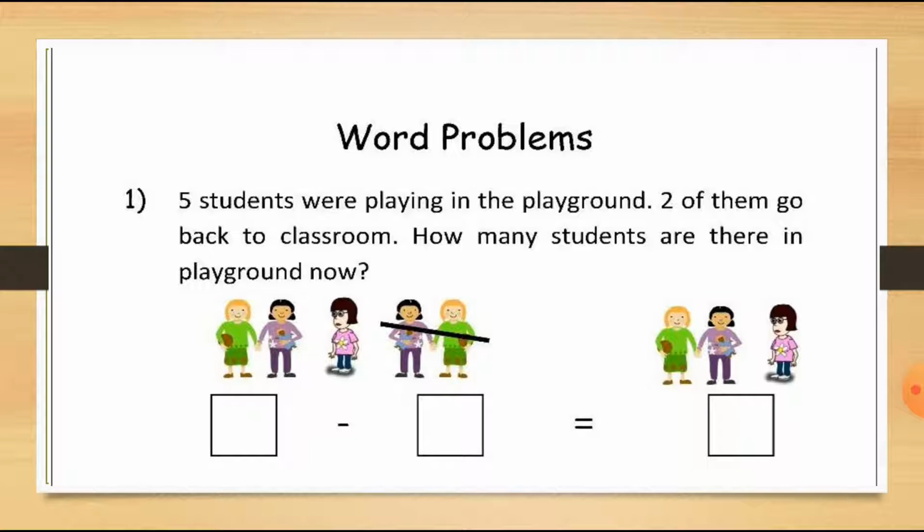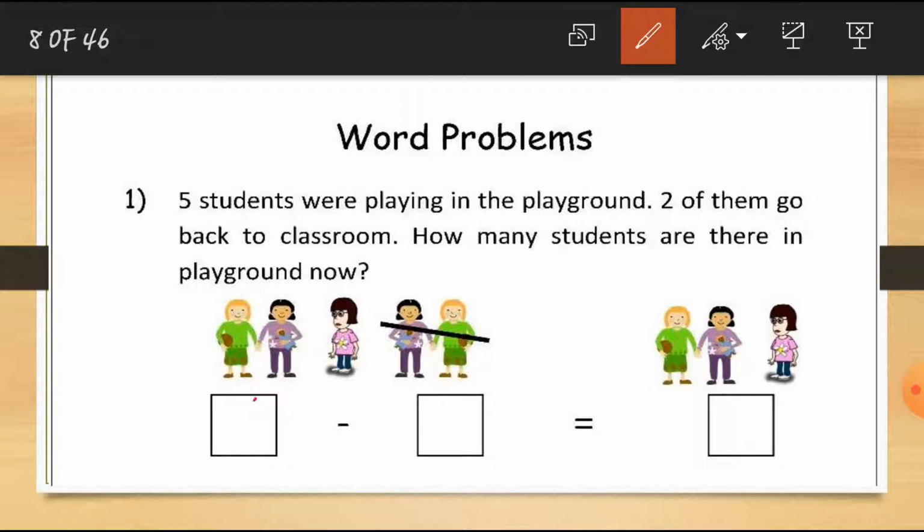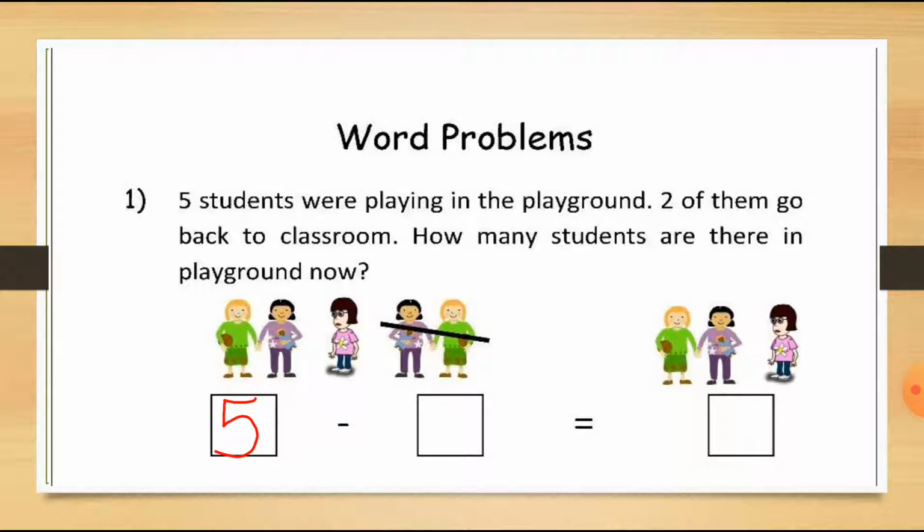Now let's read the problem first. 5 students were playing in the playground. 2 of them go back to the classroom. How many students are there in the playground now? So you can see here are the 5 students, so let's write down the number 5 here.